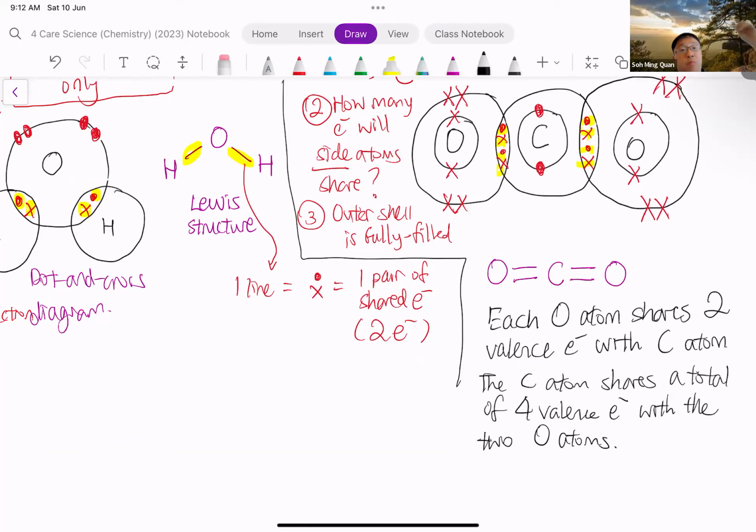Okay, so writing out in words, this is how we describe it in words. Hence, each atom achieves a fully filled outermost electron shell.